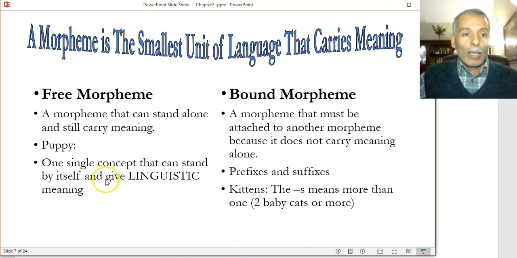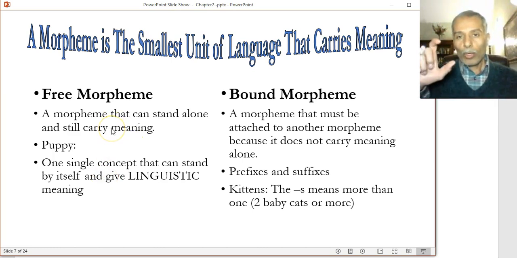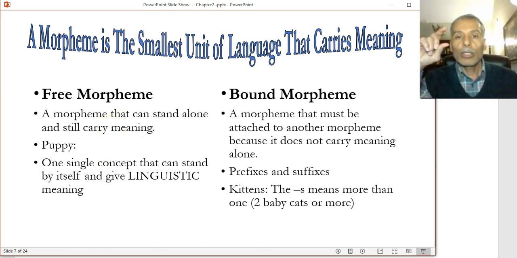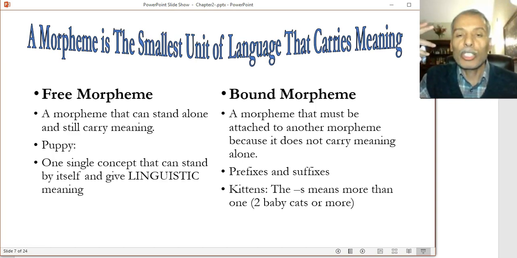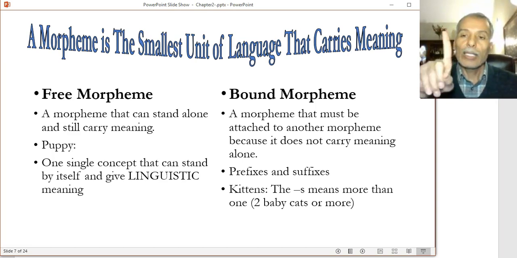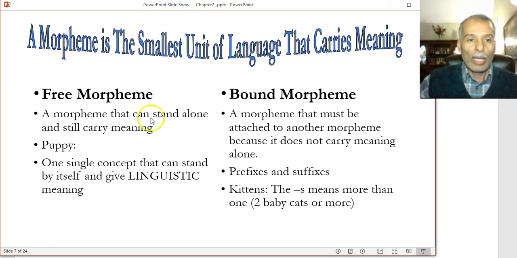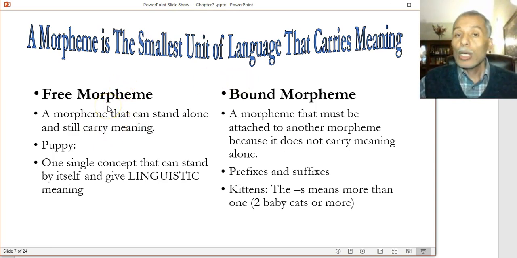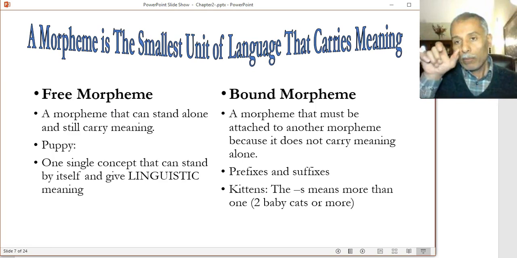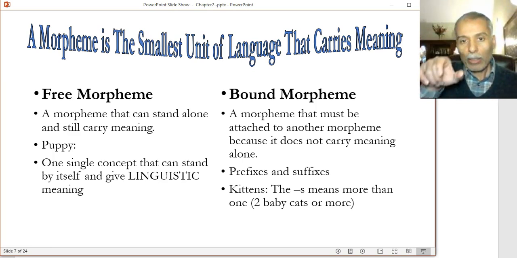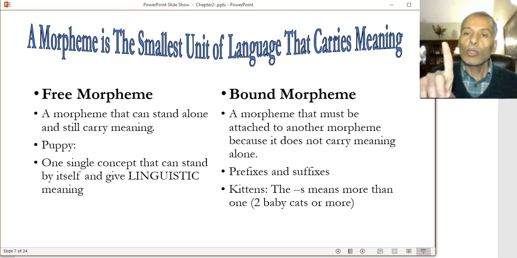Any individual word that's a single word in the singular form, whether verb, adjective, adverb, preposition, whatever, is one single morpheme. And that single morpheme, we call a free morpheme because it can be independent by itself and it gives you linguistic meaning.